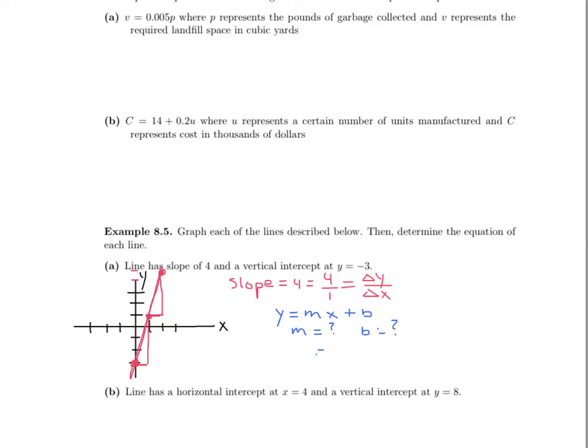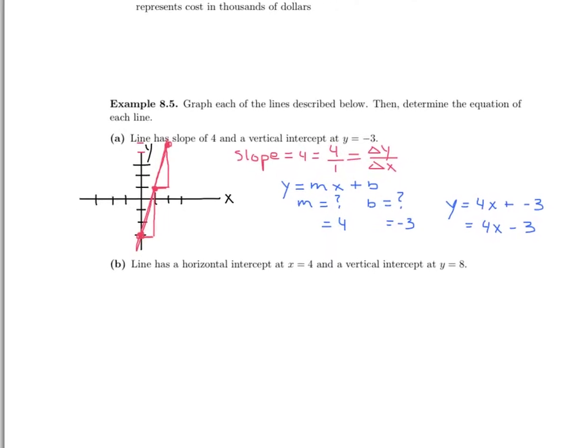Well, in this case, m, that's the slope, you're told that's 4. And b, that represents the vertical intercept, which again you're told is -3. So the equation for this line is y equals 4x plus a -3, or rather 4x minus 3.